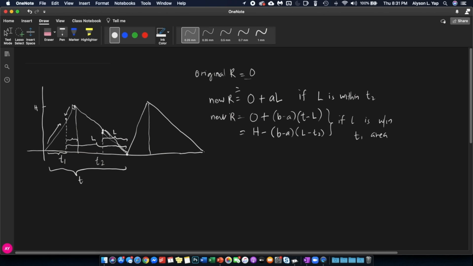And because you're using this as your reference point, which is H, and moving from here to here, you're actually decreasing inventory. So you need to subtract. At what rate are you decreasing? You are decreasing at the rate of A. And how long is this? That is T2 minus L. So these are the two formulas if your L is within T2.